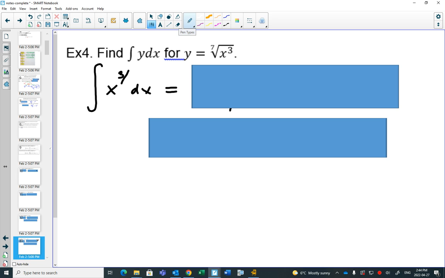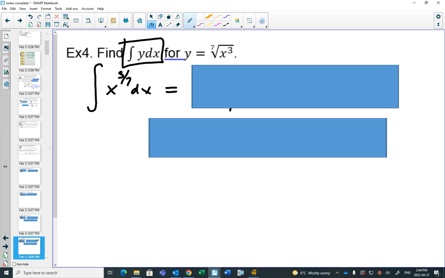Okay, that's a good question. So why does it say y dx? So this means find the integral of y with respect to x, but there are no x's in this. But we have an equation that says y is equal to this, so I could substitute this in to be x's.